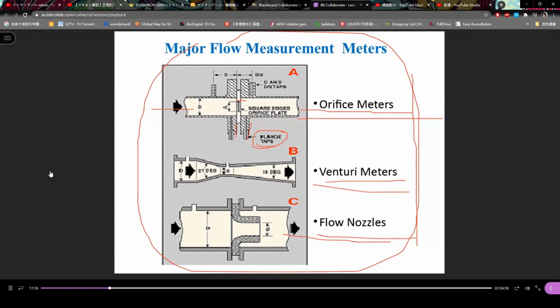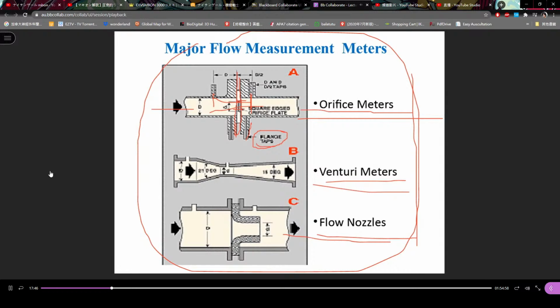In the center there is an opening, and water will go through this opening. Then we measure the velocity here and the static pressures here and here, and we can derive the equation to calculate the flow rate. That's the main principle. Later I'll show you how to calculate the flow rate.